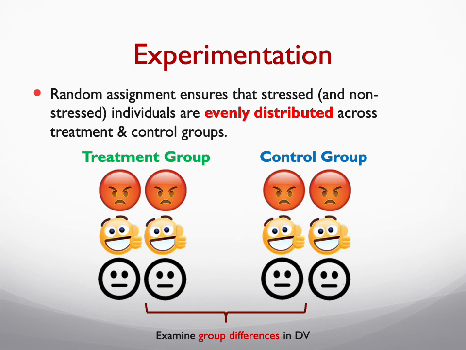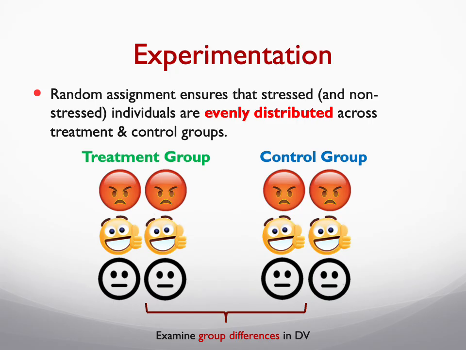Now, because it's working with random chance, it's not always going to work. Sometimes these are going to be unbalanced conditions, which is why if you have very important or very concerning possible confounders that you'd really like to confirm are evenly distributed across conditions, you can also include measures of those variables.